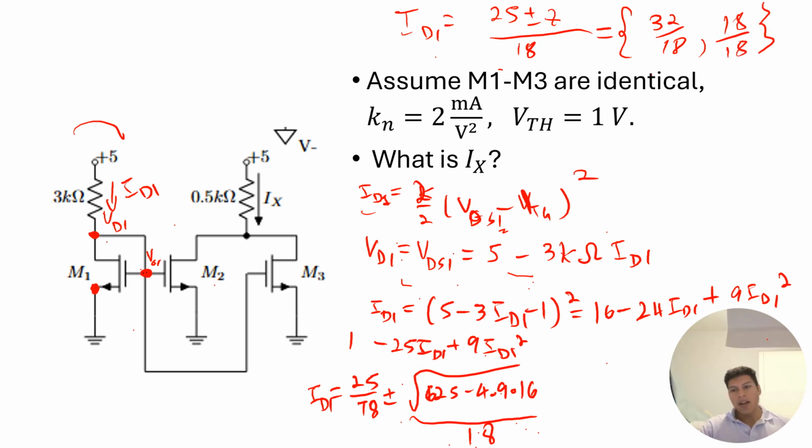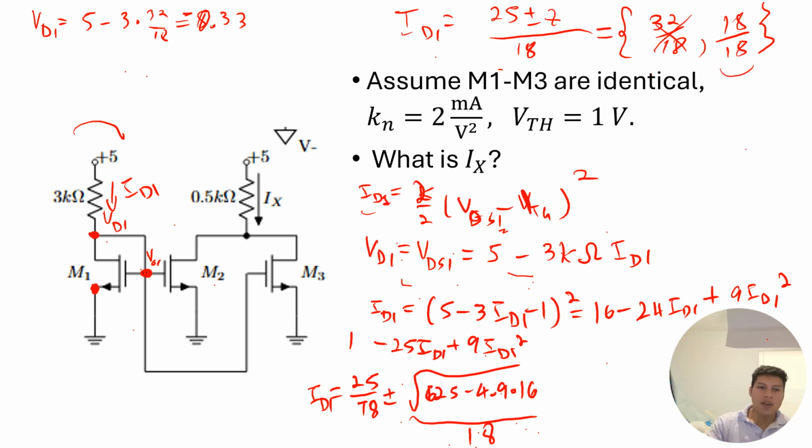Now, the reason it's not 32 over 18 is that 32 over 18 times 3 gives me 5.33. So VD1 equals 5 minus 3 times 32 over 18, which gives me negative 5.33, and that cannot be in saturation. So it cannot be that one.